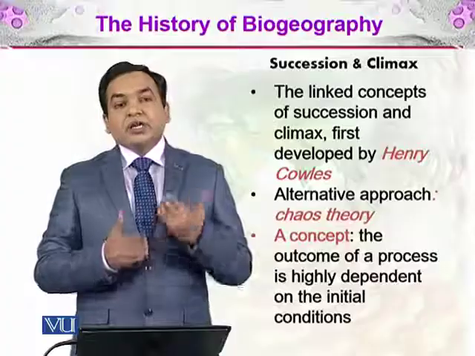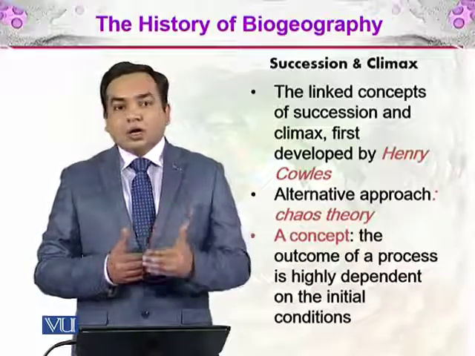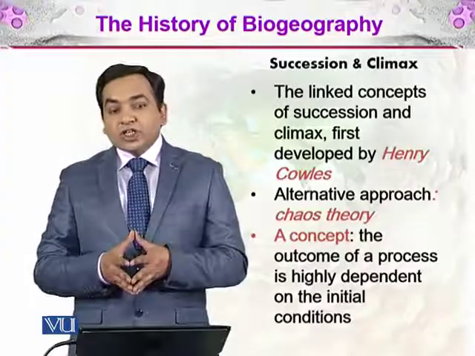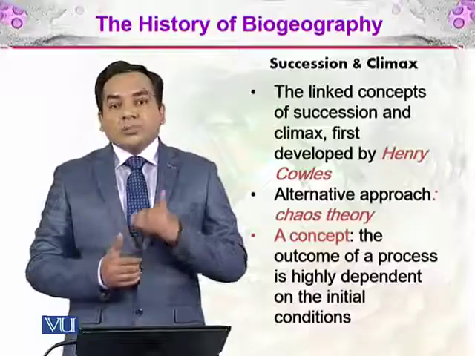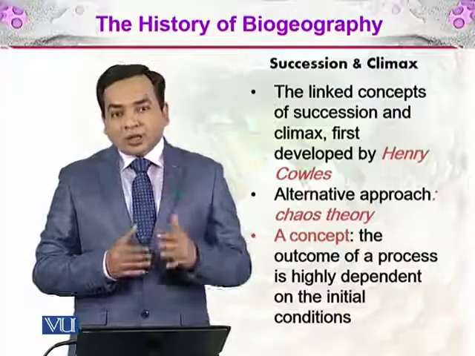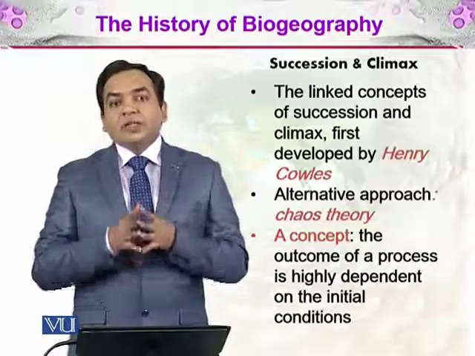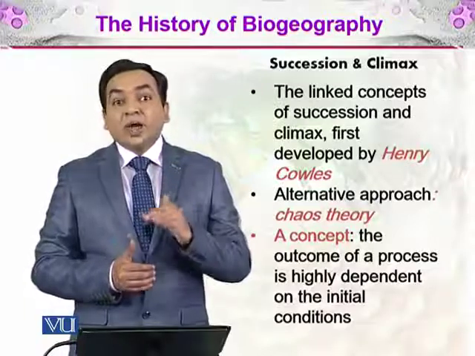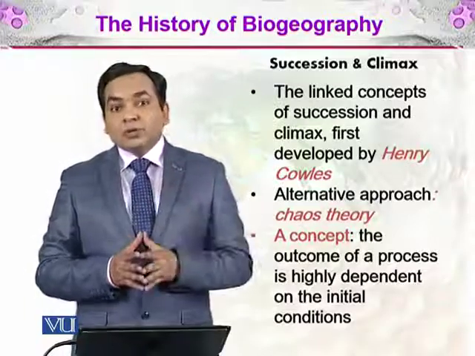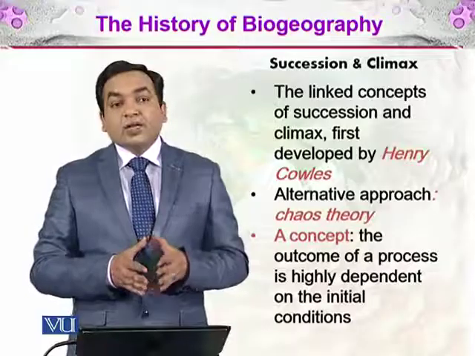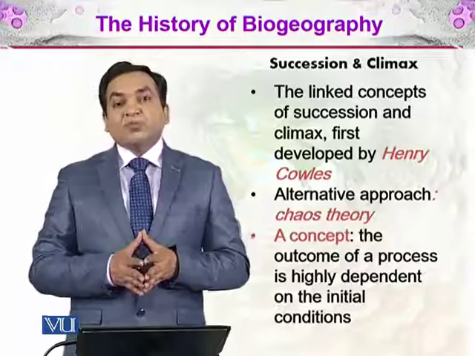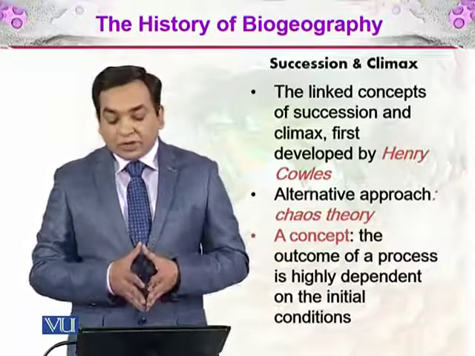Succession and climax means that an ecological system or ecosystem is developing and reaches the pinnacle where it resides, and that is called climax. So succession is the gradual incremental change to a higher community, and climax is when it reaches that pinnacle. This concept was first given by Henry Cowles.